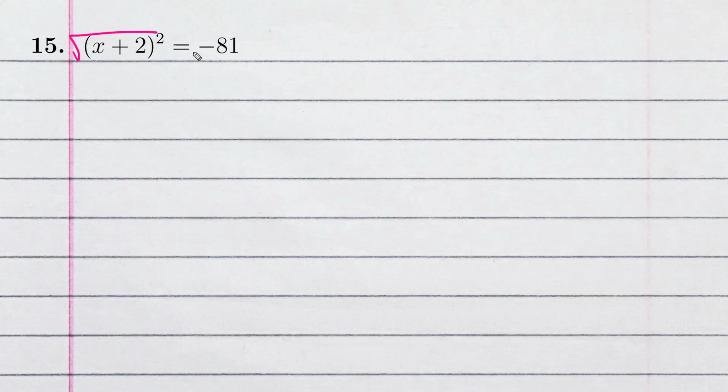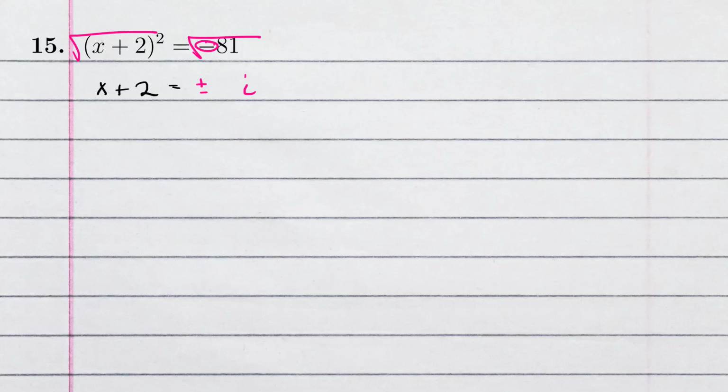Then you take the square root. We see that we have a negative, so we know we have an i. We took a square root, so we know we have plus or minus. Those are automatics. We're left with the x plus 2 from what was inside the parenthesis.